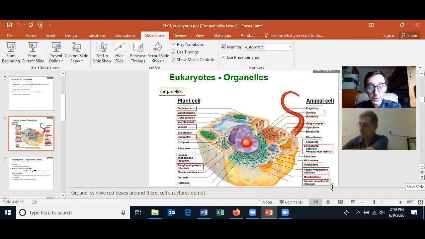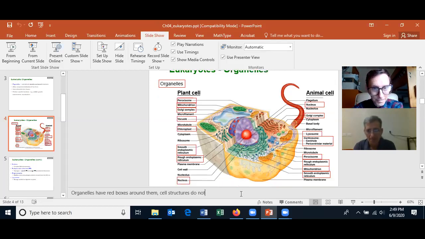Here we're looking at both an animal cell shown on the right and a plant cell shown on the left. And the organelles in red boxes around them are structures you should know. Let me blow this up, I can't read it.